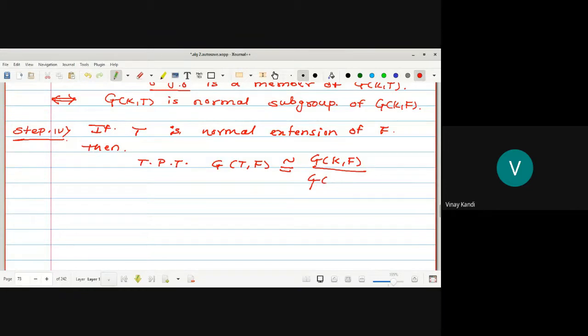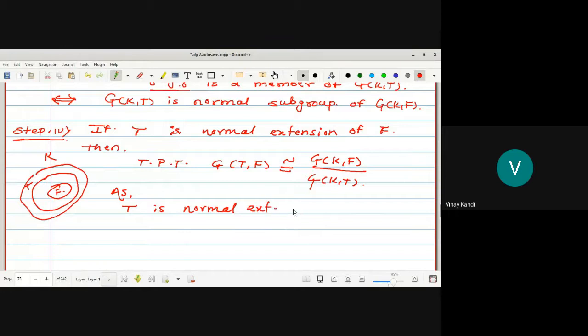Now this is our field K, this is E, and this one is F. So as T is a normal extension of what?